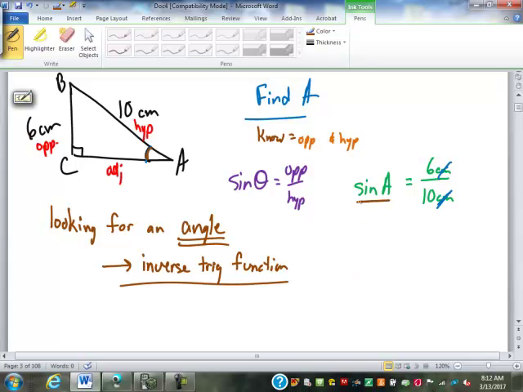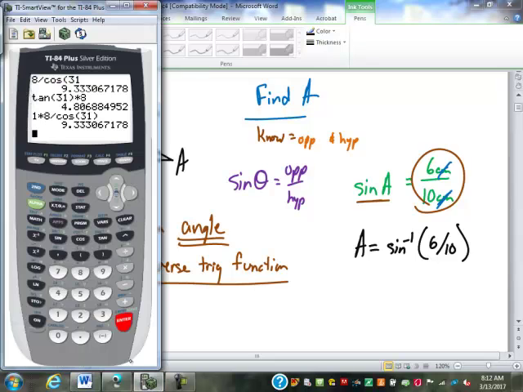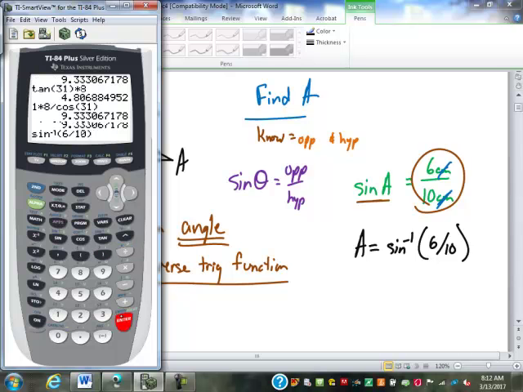So if the sine of A equals 6 over 10, the inverse trig function is telling me that A equals the inverse sine of 6 divided by 10. So on my calculator, I'm going to do second sine 6 divided by 10. That's 36.87 degrees.